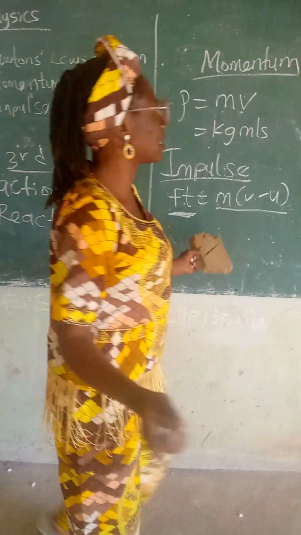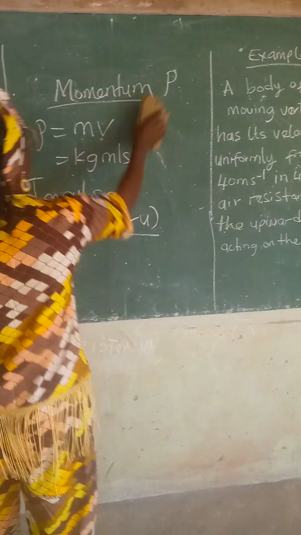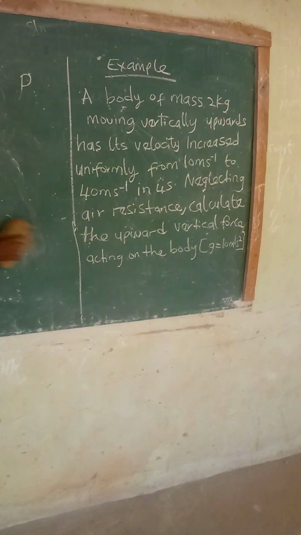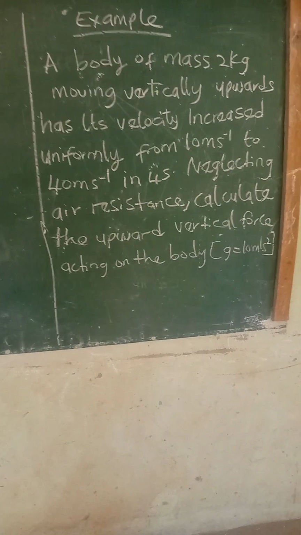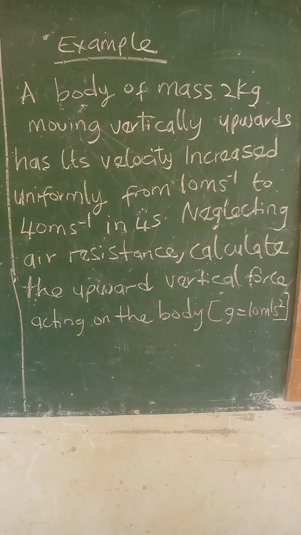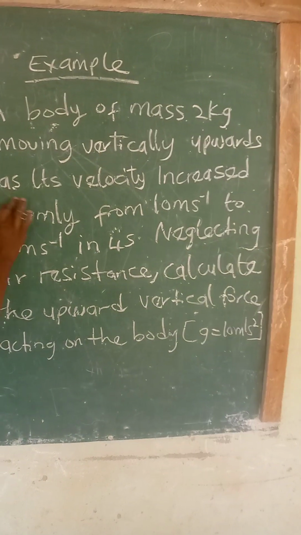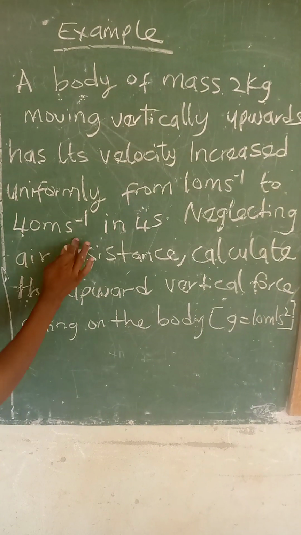So now let's look at this example. We're just going to be solving an example. Let's bring out the parameters. A body of mass 2 kg. We have mass to be 2 kg, moving vertically upward, has its velocity increased uniformly from 10 meters per second to 40 meters per second.